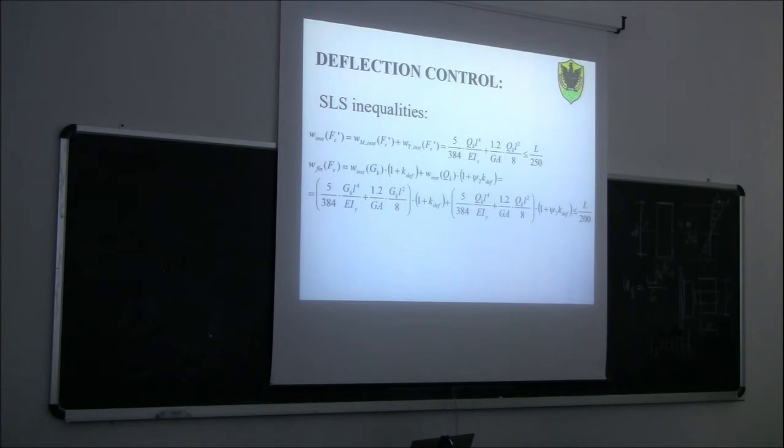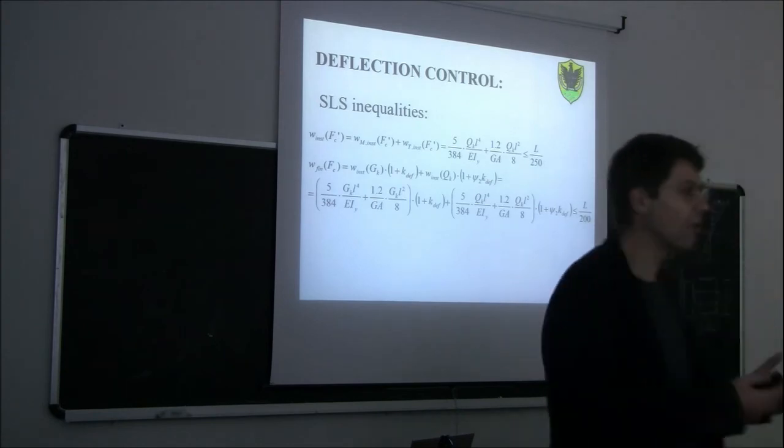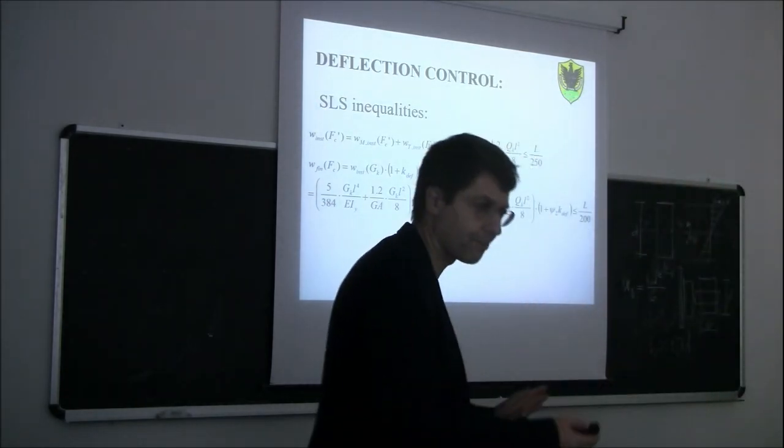So if you remember, we said that in order to calculate the long-term deflection, we need to multiply the instantaneous deflection times 1 plus the k def, creep coefficient. But this is true only for the quasi-permanent load condition.